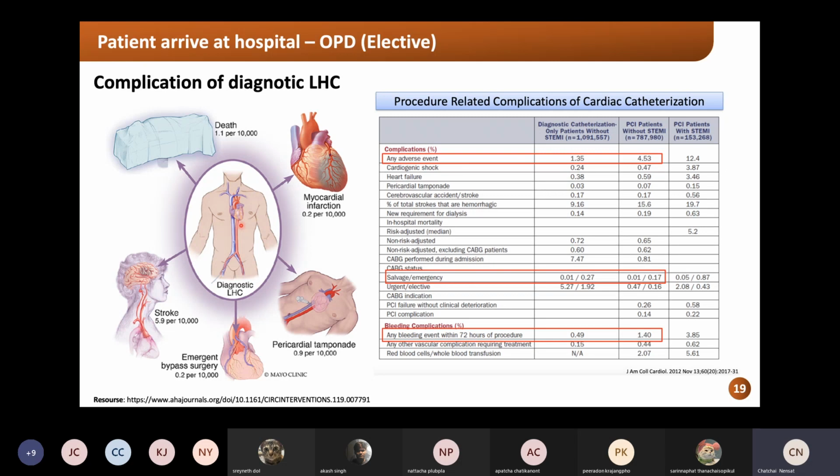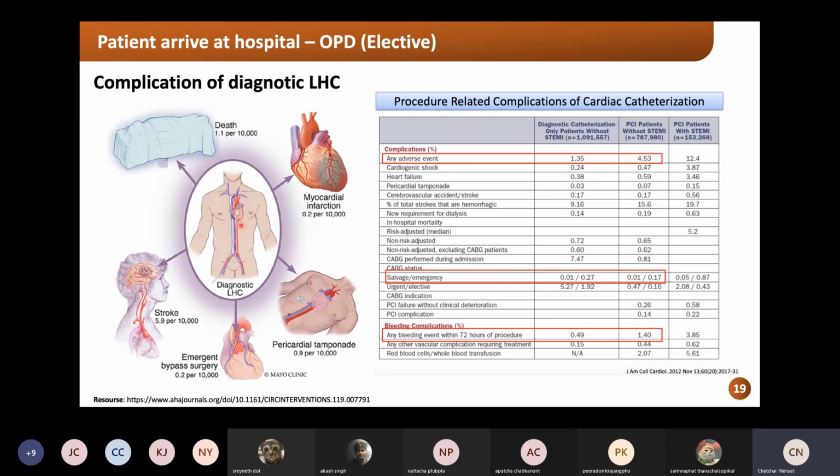And when you look at the table on the right side, you will see the procedure-related complications of cardiac catheterization. You will see that for patients who need PCI, the complications from any adverse event will be at 4.53% for PCI without STEMI.